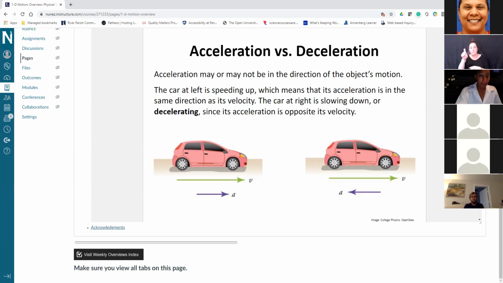What I want you to focus on to keep this simple is: acceleration positive, hit the gas, speed up. Acceleration negative, hit the brakes, slow down. And we're going to keep it as simple as that.